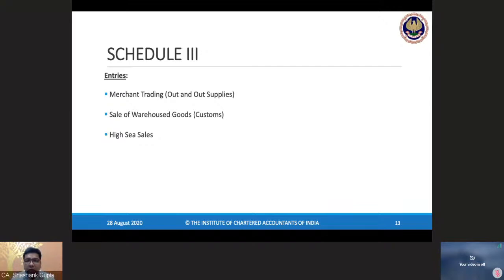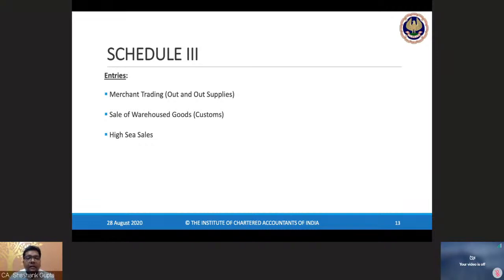That is, they are not cleared from customs, but they are stored in the customs warehouse, storage charge is paid, and the benefit is goods are directly sold from this customs warehouse to the customer. What is the benefit? The benefit is 30% of tax which would have otherwise been involved from the pocket of the seller is saved.